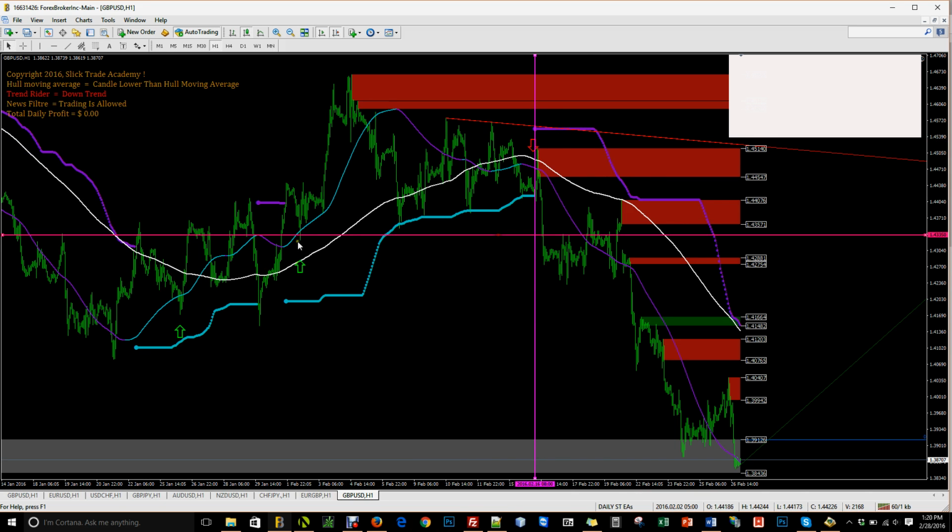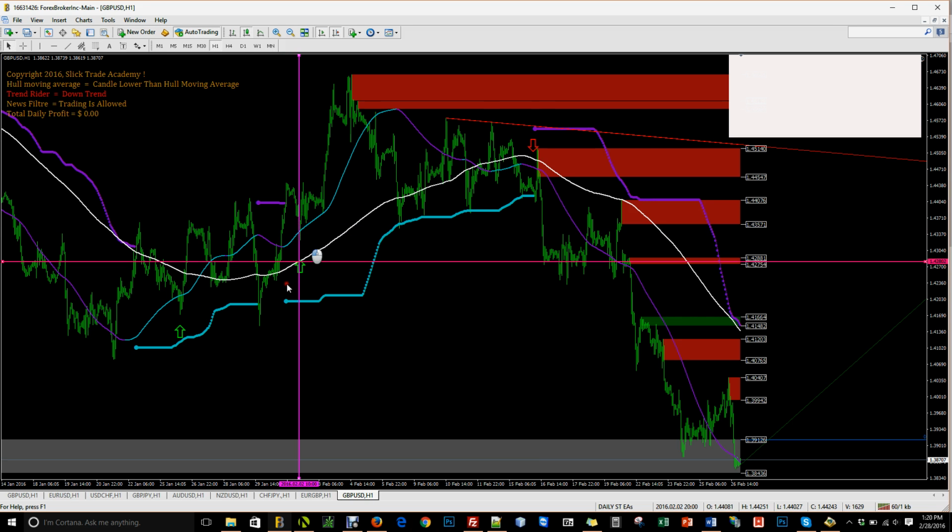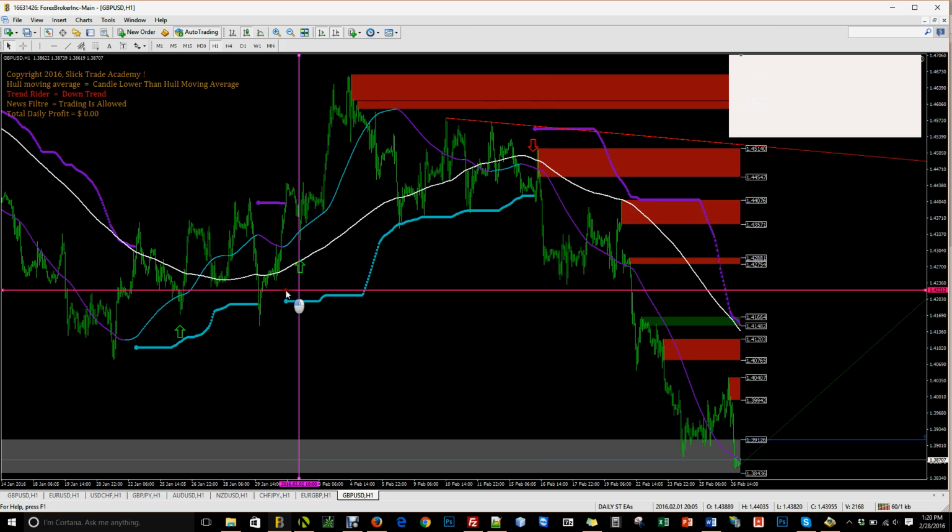So, with a long position, let me show you with this one. Like I said, the signal was issued here. I would have entered right around there because there's previous support. I didn't actually get in on this trade, unfortunately.